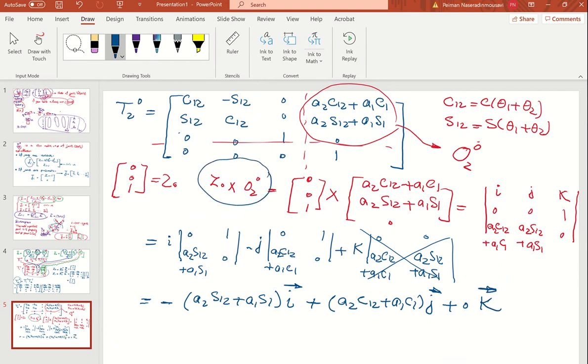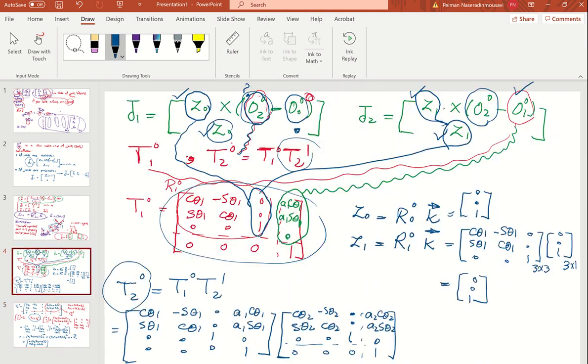Understand? So you can write it as a vector: minus a2 sine 1 2 plus a1 sine 1, a2 cosine 1 2 plus a1 cosine 1, and 0. But this is the first line of the Jacobian matrix. Yeah. We have a second, which is 0 0 1.